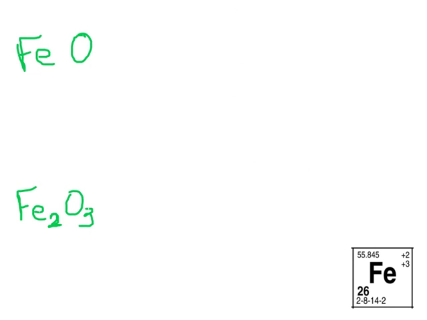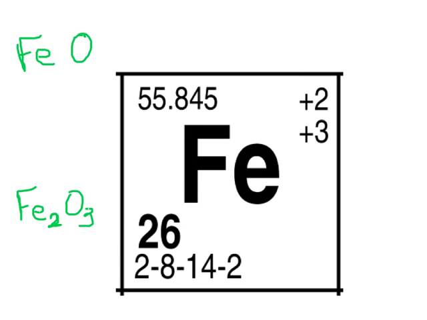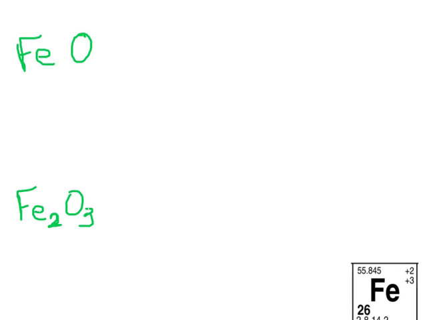Alright, so this is the area where it becomes a little bit complicated. Here we have two different ionic compounds with iron and oxygen. If you see here, iron would tend to become either a +2 or +3 ion, so we have to account for both. We have to somehow tell the reader of your formula, of the name of your compound, what the formula really is.